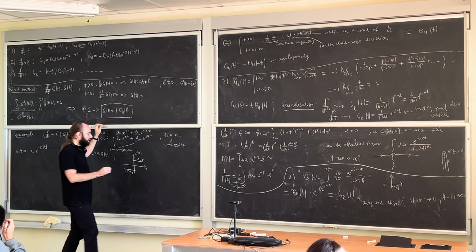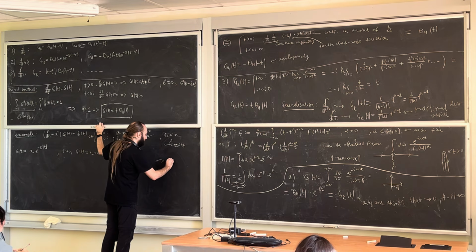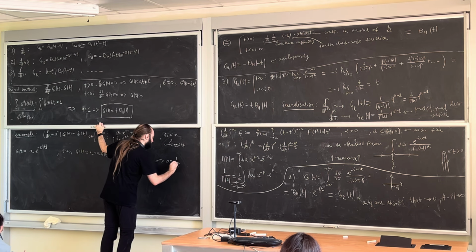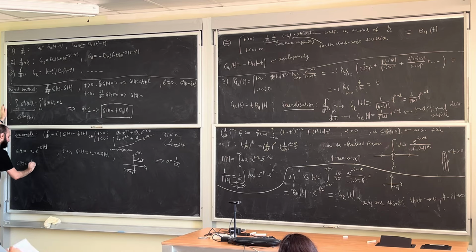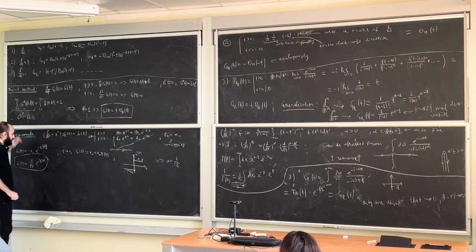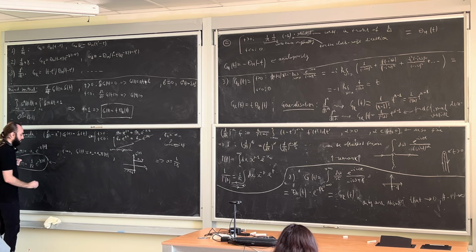Yes, and so this Green function is 1 over 2 gamma e to the minus gamma absolute value of t. There is an exercise to recover the same expression from the Fourier transform.